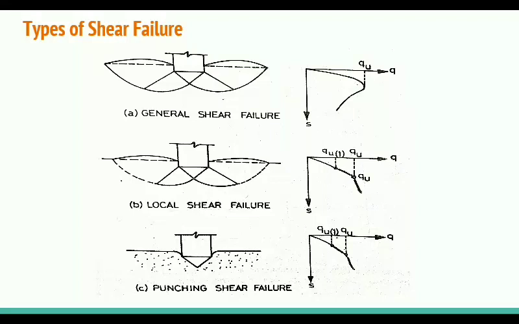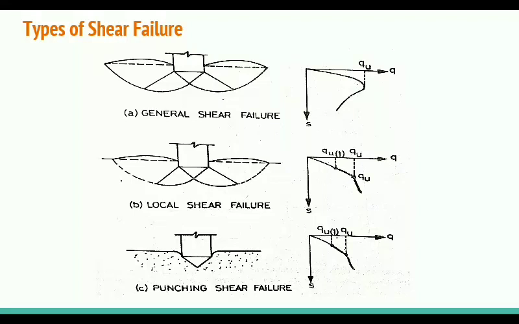For the first case, general shear failure, we will see that when you increase the load, the settlement increases, but at a certain value of Qu, the ultimate bearing capacity, the settlement increases suddenly.